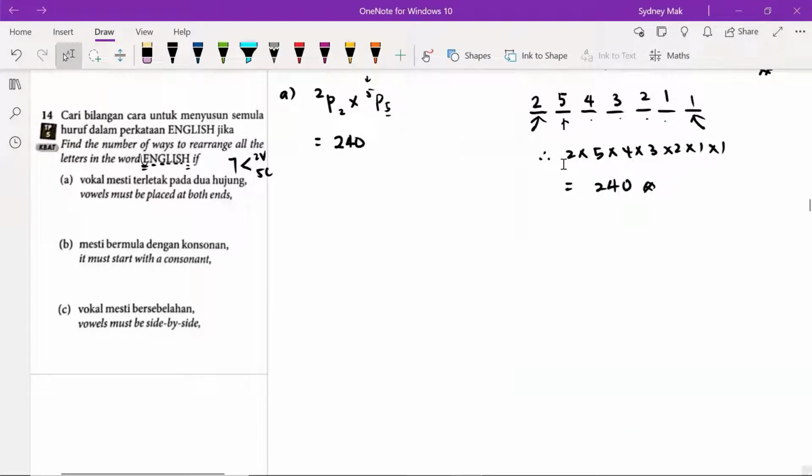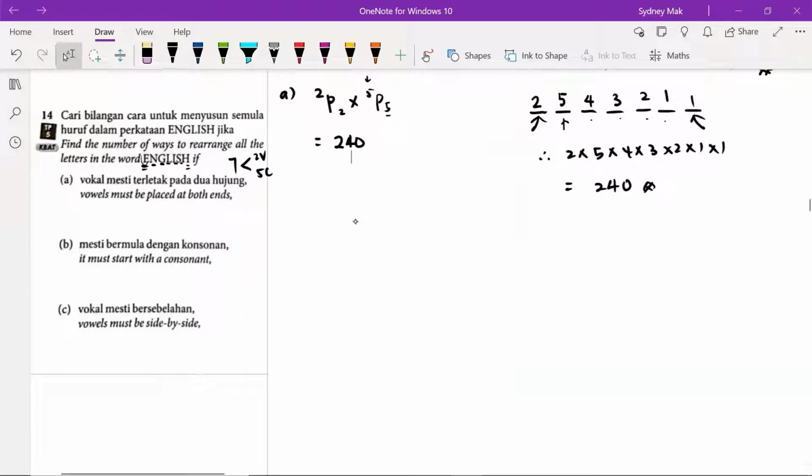So if you are the visual type who needs to see how it goes, then use this fill in the slot way. If you can use the permutation notation, that means you can imagine it without drawing it out, so just go ahead with this. Either one.